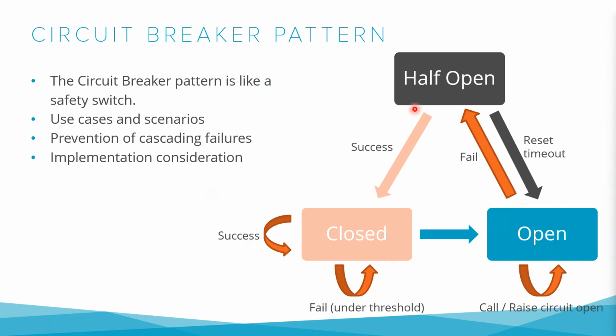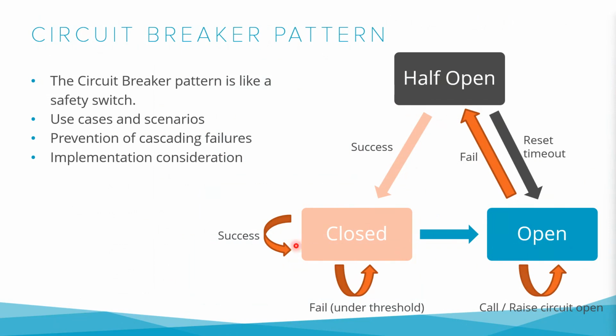Then what is half open? In the half open state, the circuit breaker typically allows a small number of requests to be passed through, such as one or a few, while monitoring the response. If this request succeeds, then the circuit breaker assumes that the service or resource has become healthy and live again.